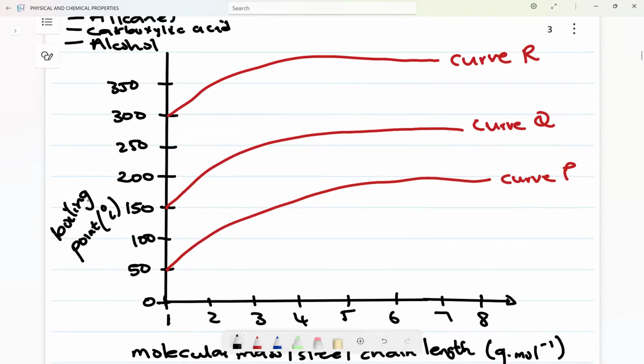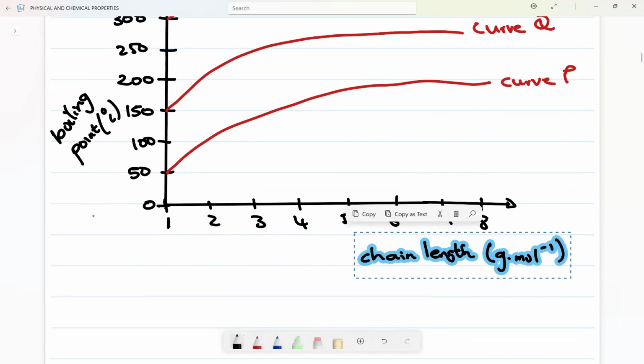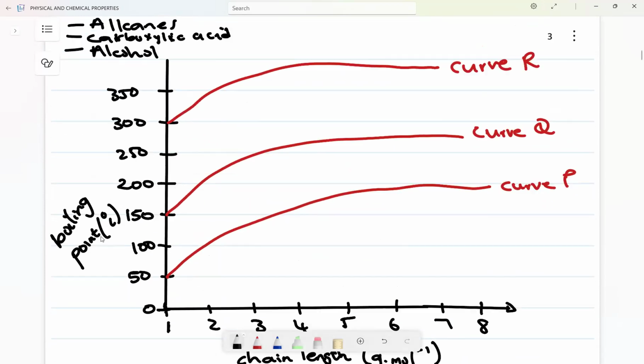I'm trying to say, okay, let me use chain length for the purpose of explanation on this one. When graph P and graph Q and graph R have one carbon or one chain length like that, they have these respective boiling points.